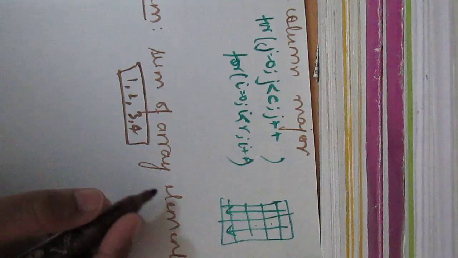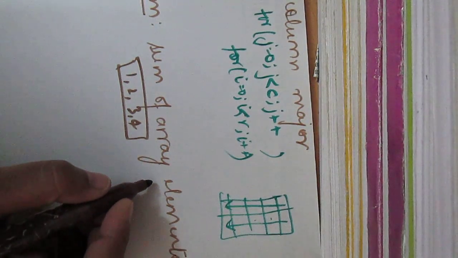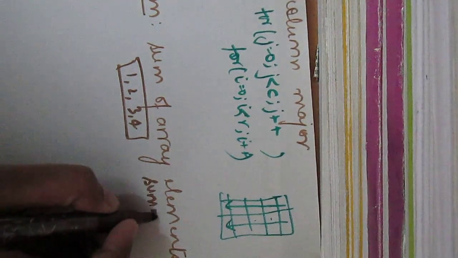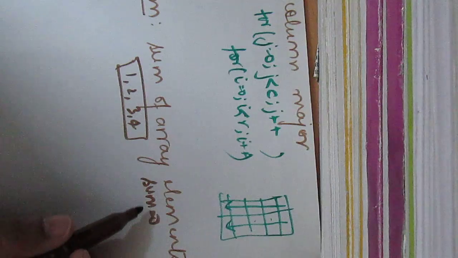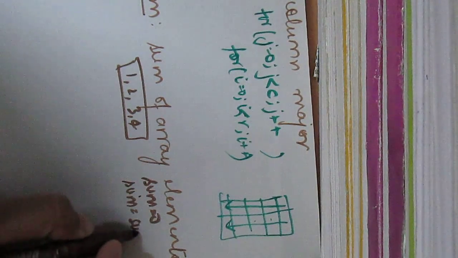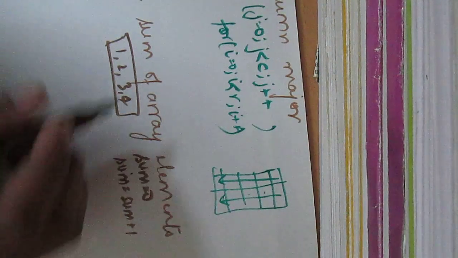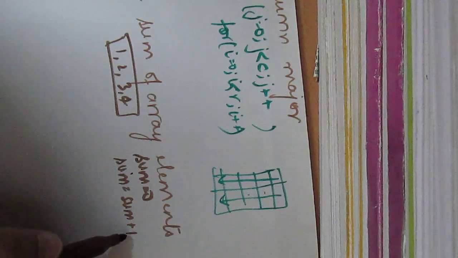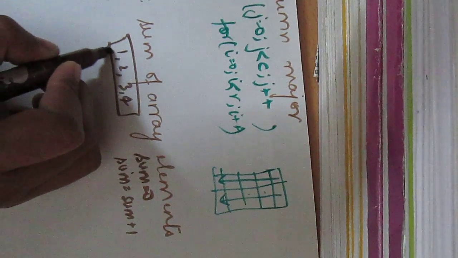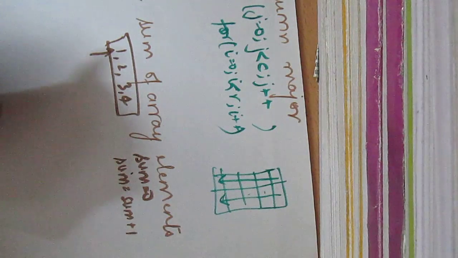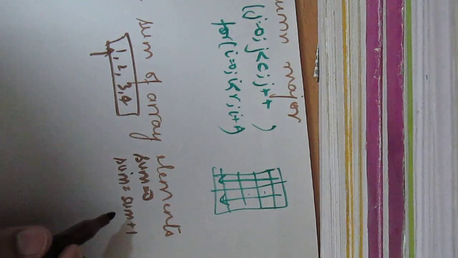First we'll keep a variable, say sum equals 0, and then we'll say that sum equals sum plus 1. Here 1 corresponds to the first element 1. Sum equals sum plus 1.